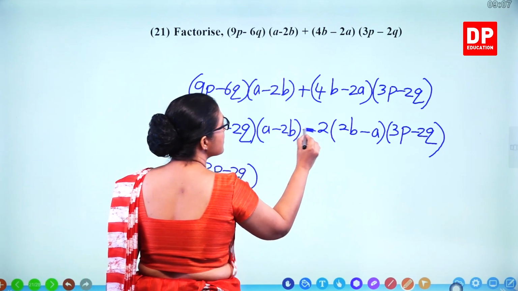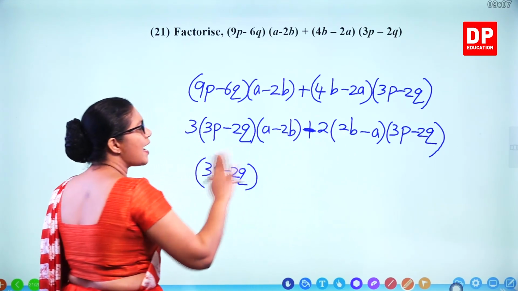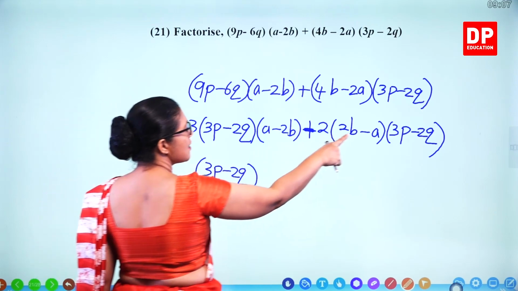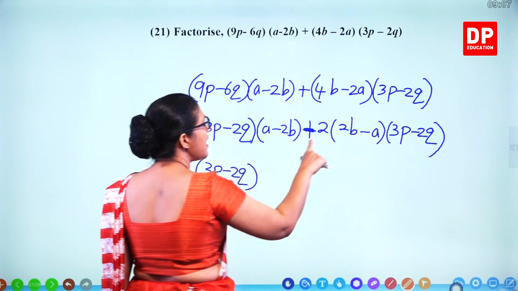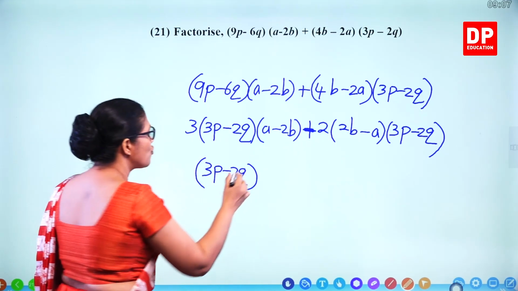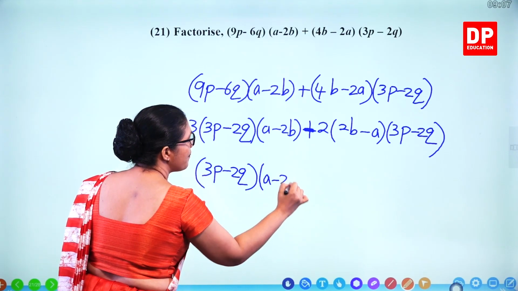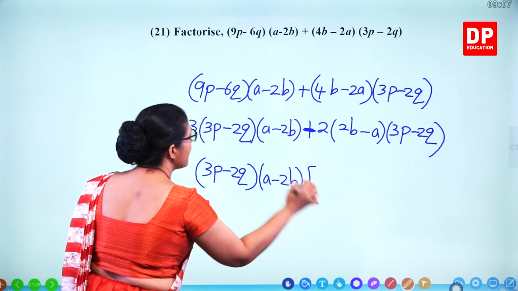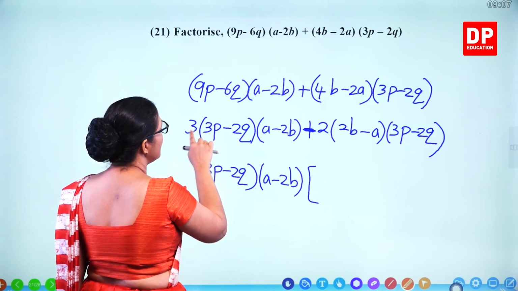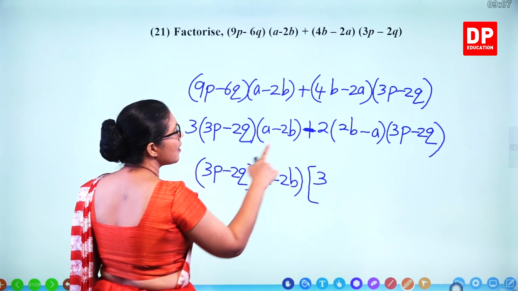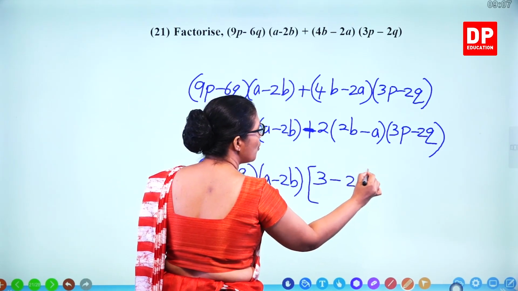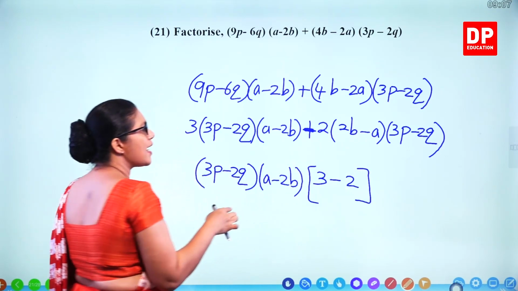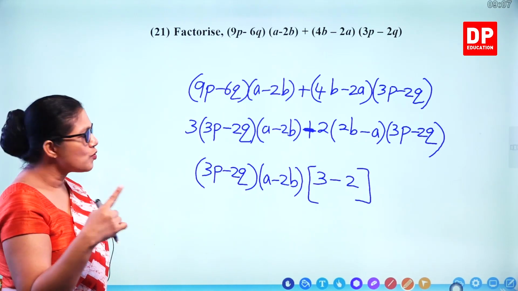So this is plus. So minus sign, when you take it from this one, you can write a minus 2b. So a minus 2b is also common. Then what's remaining? This becomes 3. This becomes minus 2 because we took the minus sign here. So plus 2 becomes minus 2.